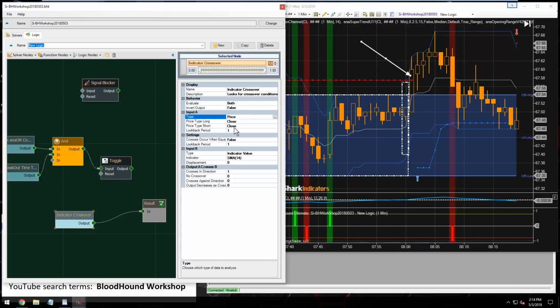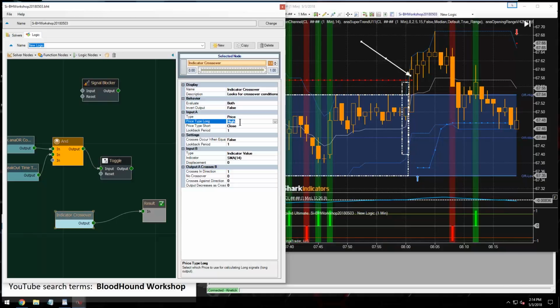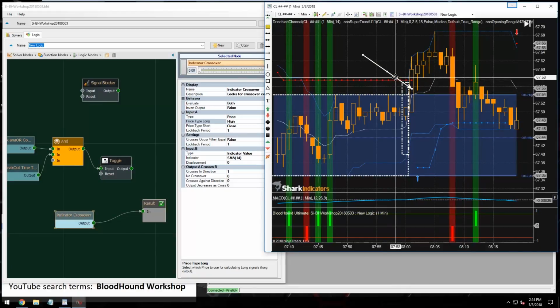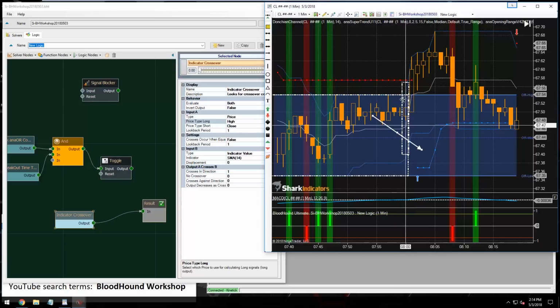We're going to set it to price. And instead of using the closing price, I think it's safer to use the wick prices. So I'm going to set long to the high price of the bar. Think about it: if we have stop entry orders resting here, the wick of the bar could come up and pick that order up, and then price could pull back down inside the range.